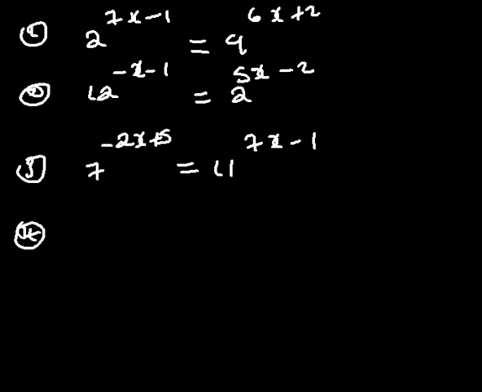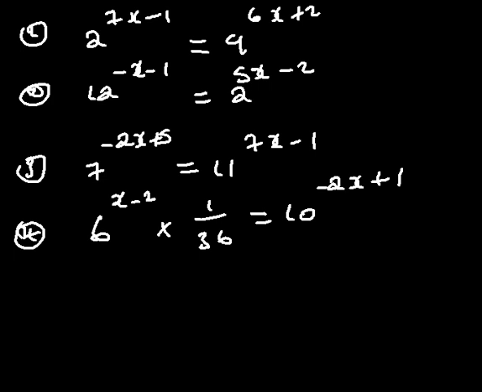And also consider this. Let's say we have 6 to the power x minus 2 times 1 over 36 equal to 10 to the power negative 2x plus 10. And how about this as well?